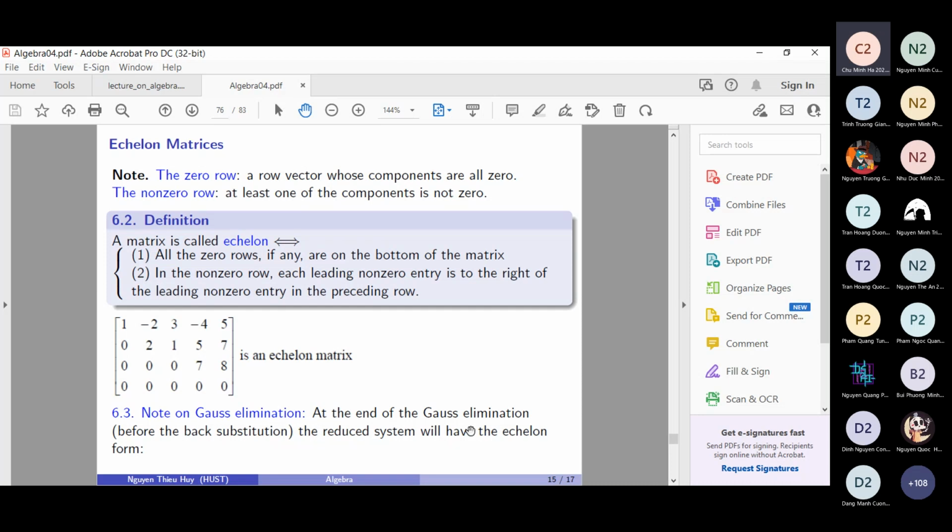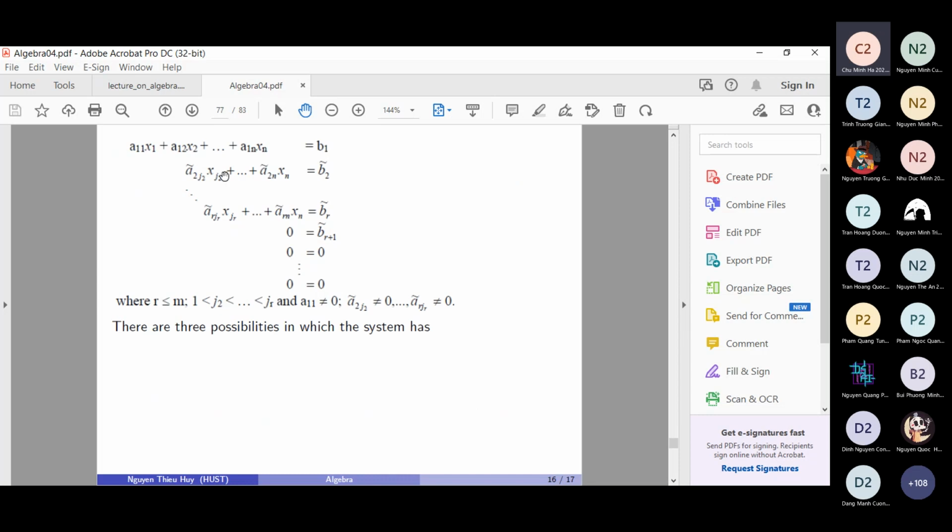So the zero rows should be at the bottom of the system, and on the non-zero rows the leading non-zero term should be to the right, so that you can solve readily, backwardly.